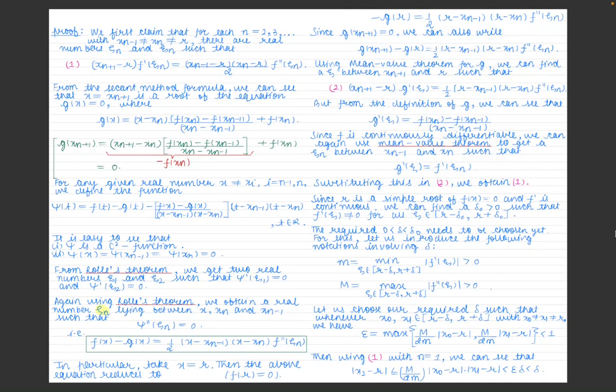Because the minimum will be attained in this compact set r minus delta to r plus delta, and we know in r minus delta naught comma r plus delta naught f prime xi is never 0. If this small m is 0, it means f prime xi is 0 for some xi between r minus delta comma r plus delta, which will be a contradiction.